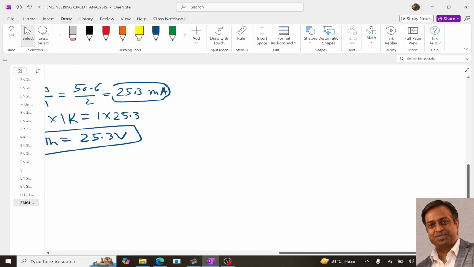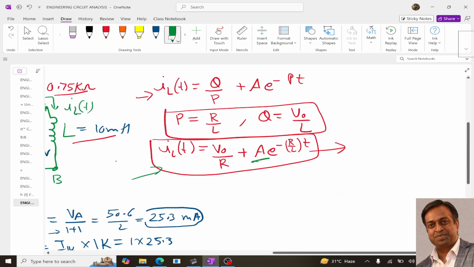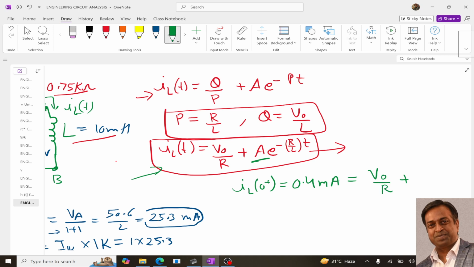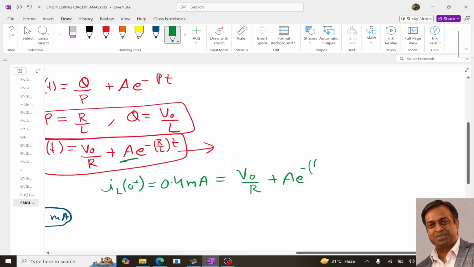So substituting this over here, we get IL at 0 plus, the value we get is 0.4 milliampere, right? Is equal to V naught upon R plus A e to the power minus R by L times 0, right?